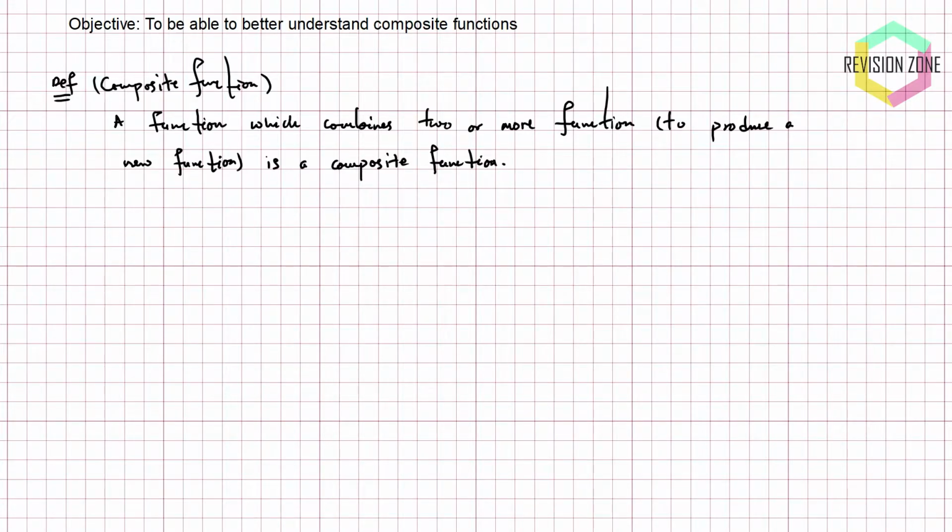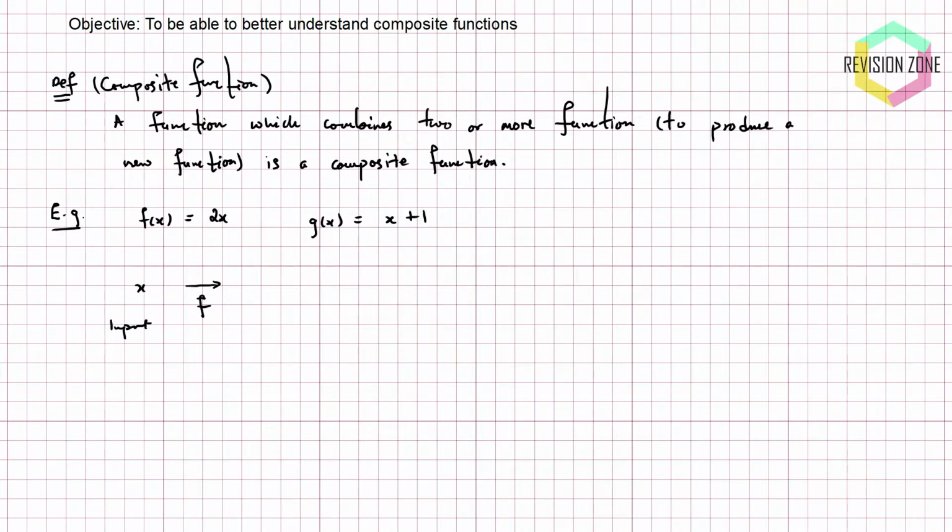So to get a better sense of what I mean, let's actually look at a few examples. Suppose we have f of x is 2x, that's a function. And suppose we have another function, g of x, which is x plus 1. So we have two functions. Let us take x as our input.